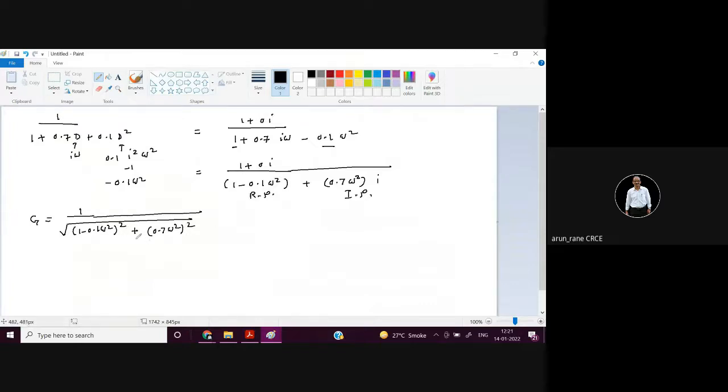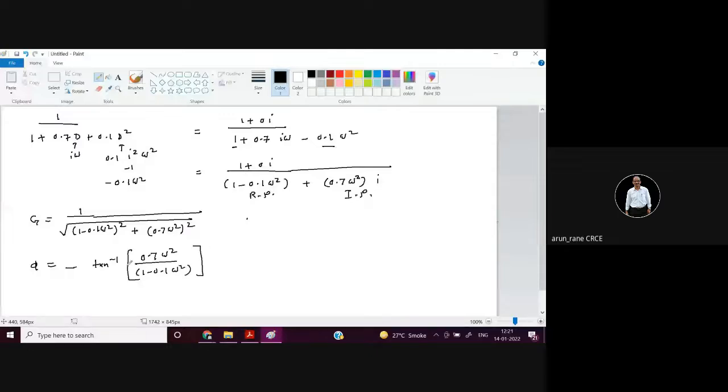And now what about phi? Phi is equal to tan inverse of 0, so that is going to be 0, minus tan inverse of the imaginary part 0.7 omega divided by the real part 1 minus 0.1 omega square, in brackets.